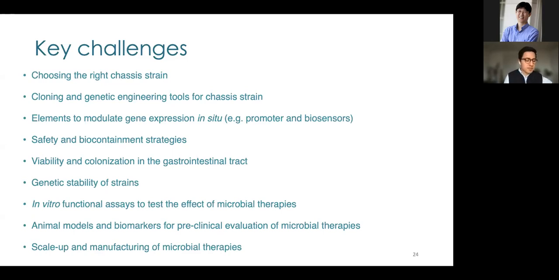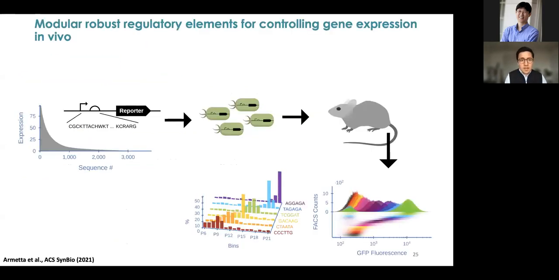For the rest of the presentation, I will focus on a specific point: the work that we have done to develop elements to modulate gene expression in situ, in particular promoters. And for that, I think that if you have worked with E. coli, you know that you can use certain constitutive promoters.